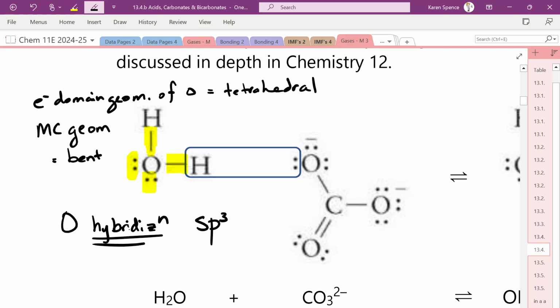Yes. What is our bond angle? Is it 90 degrees? Less than 109.5 degrees. Okay, because that's the tetrahedral bond angle, but the lone pairs are more repulsive than the bonding pairs.